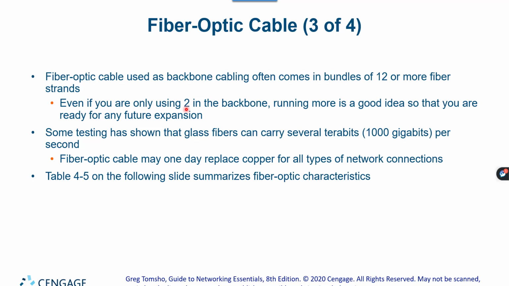So if you've got some money to buy a cable with more runs inside of the cable, you want to do that, and that'll future-proof your network. It's been shown that glass fibers can carry several terabits, 1,000 gigabits of traffic per second.